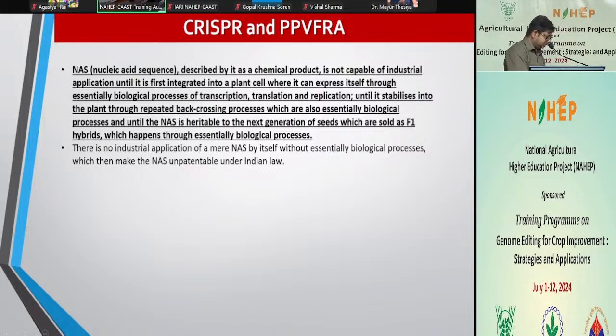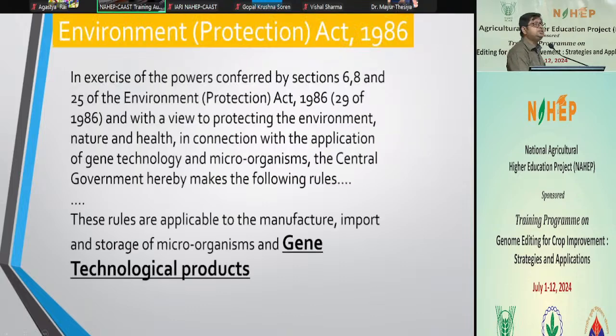As our country commercializes these products, we will see how they are regulated, especially as far as the intellectual property aspect is concerned, right? The present understanding is that a genome edited variety can be released as an EDV, essentially derived variety.